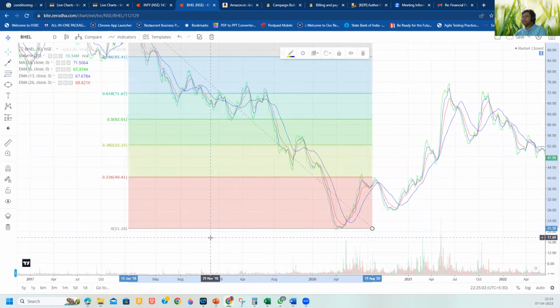And here you can say, okay, in this case, the first time it is taking the sub resistance from here, the 23% level, which is beautifully meeting. And after that, its price came down and it started moving up further.